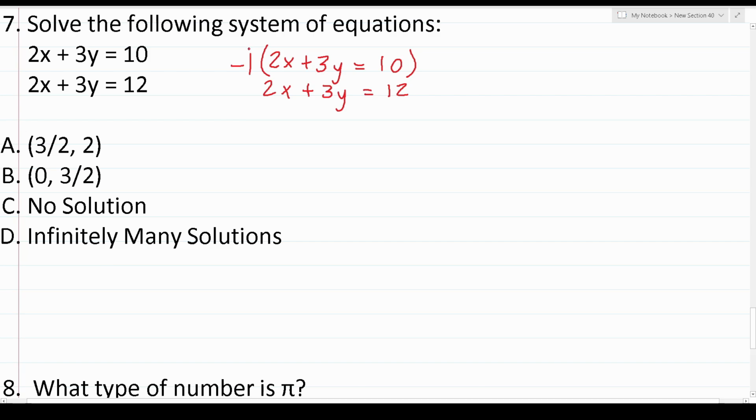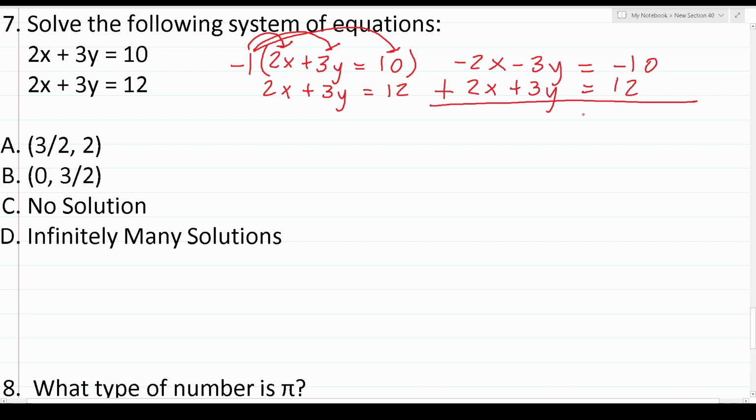So let's go ahead and take this negative 1 and distribute it here, here, and here. So negative 1 times 2x is negative 2x. Negative 1 times positive 3y is negative 3y. And negative 1 times 10 is negative 10. We're going to add this to the second equation. So that's 2x plus 3y equals 12.